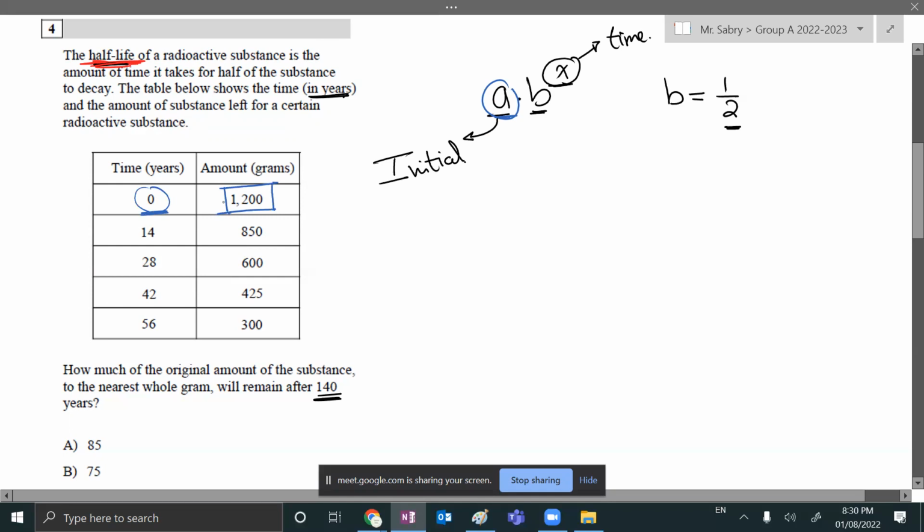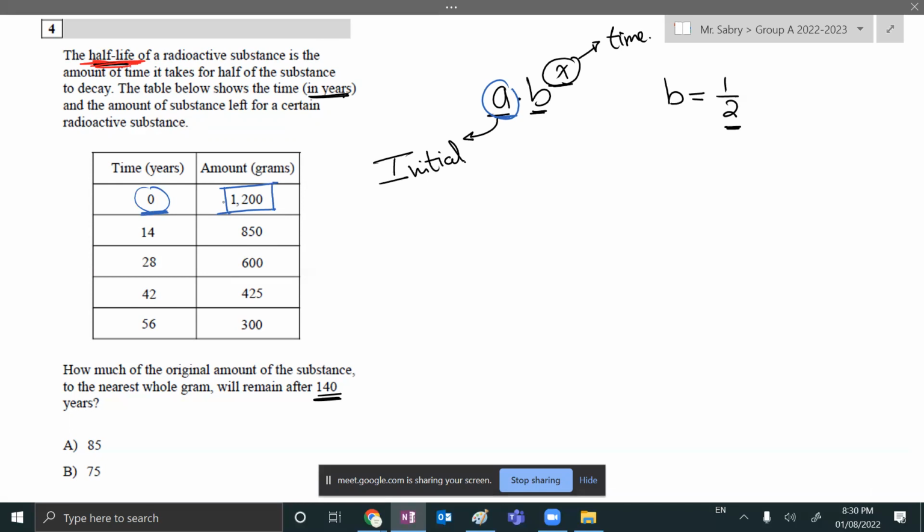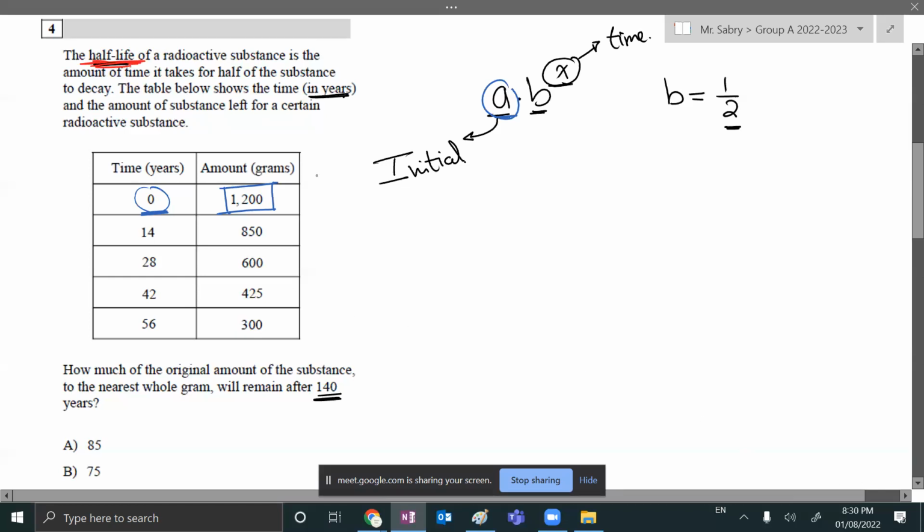When the year is 0 and the amount is 1,200, this means that this was at the very beginning. So this was the initial. So the initial value in this question is this amount, 1,200. Why? Because zero years passed, not a single year passed.